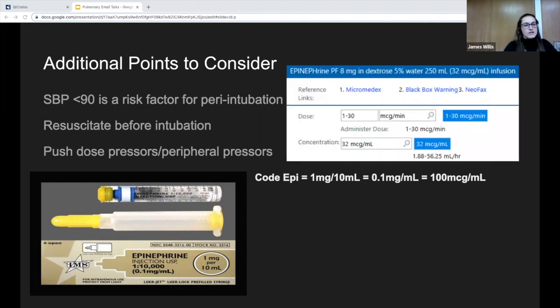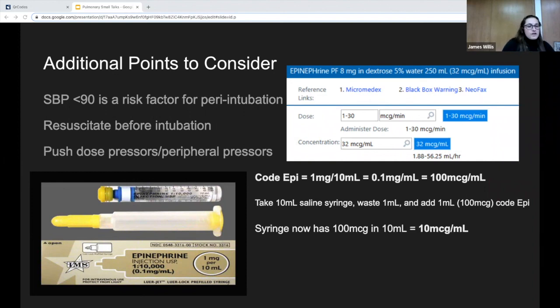I say that because your order from Epic is typically administered in micrograms per minute. So you have 8 milligrams in 250 D5W, and like I said, you'll usually administer a couple micrograms per minute. So what you're going to do is take a 10 cc saline syringe, waste 1 cc, and then add 1 cc, which is 100 micrograms of the code epi.